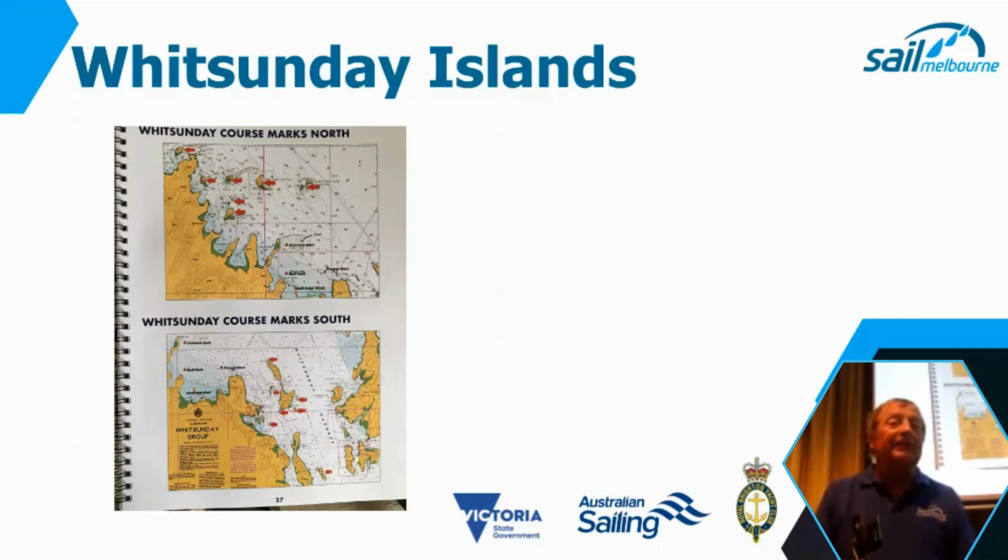The same thing happens over at Port Lincoln. If we're racing at Port Lincoln on Boston Bay, we've got various marks there of the course when we're doing passage racing. So it's very simple.